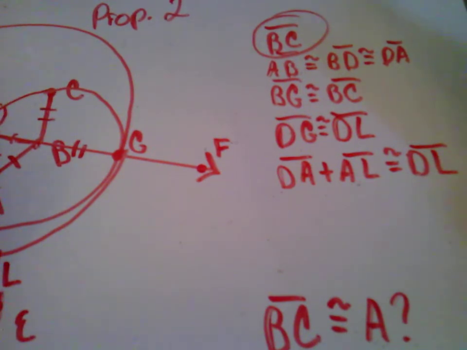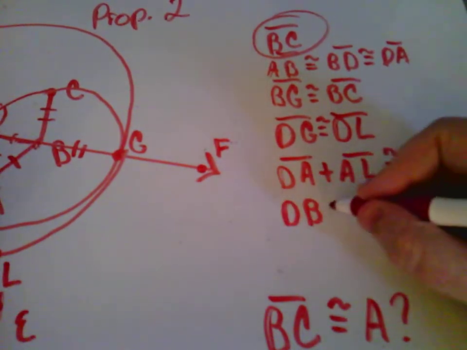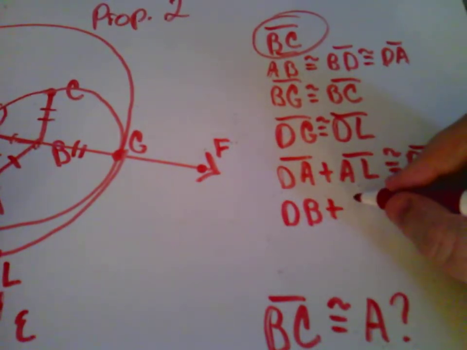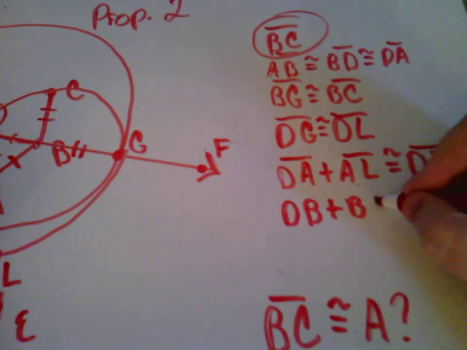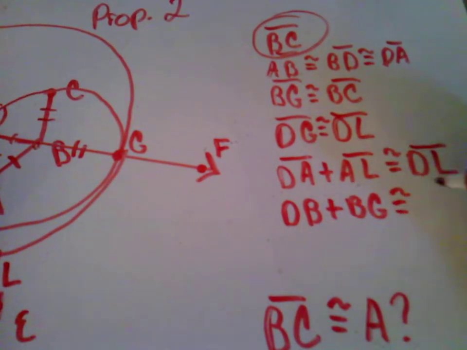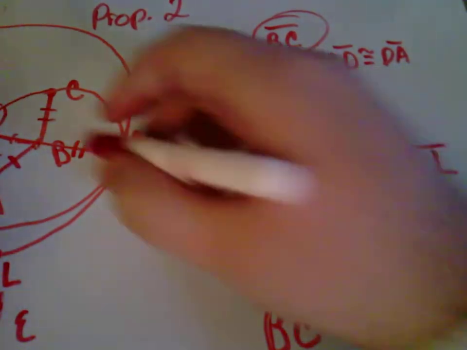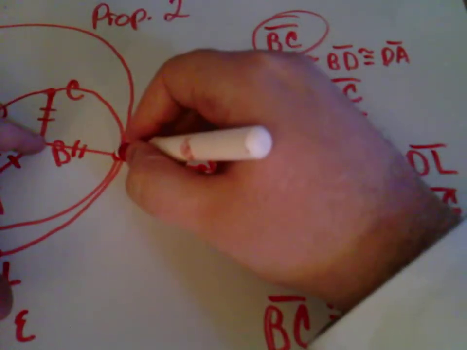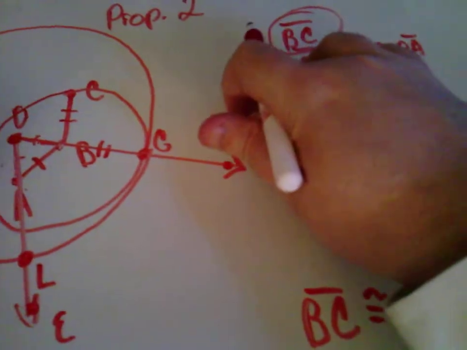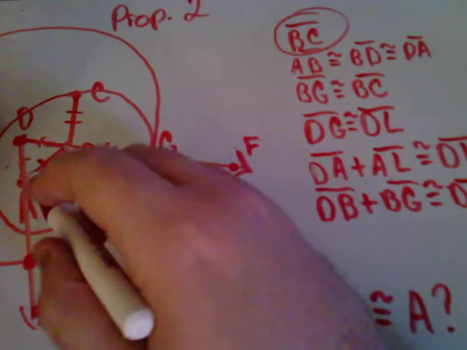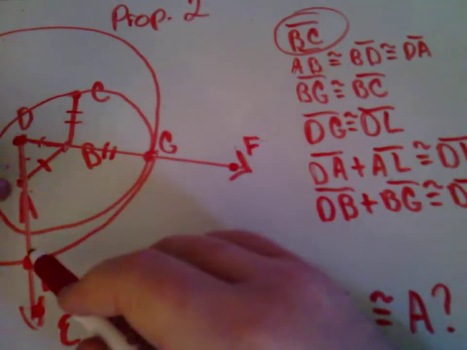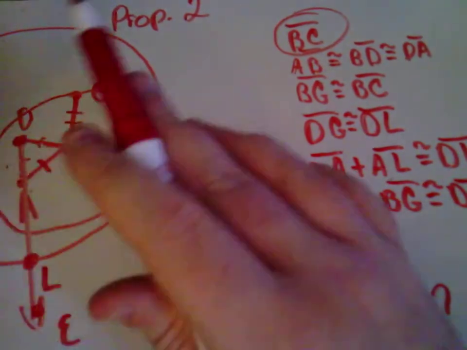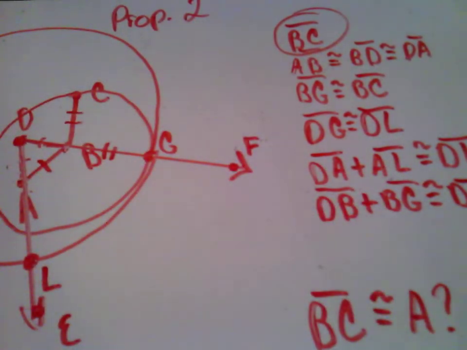Moving forward, could we say that DB plus BG is congruent to DG? Are these segments, this segment here plus this segment here, well, that should be equal to the whole segment. And we said that about this other segment too. Is this segment plus this segment equal to the whole segment? The answer is yes. All right.